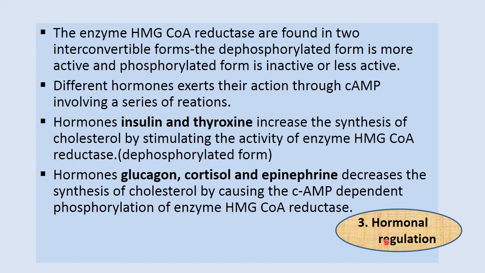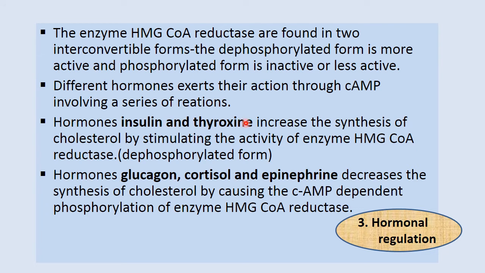Then the third is hormonal regulation. HMG coenzyme A reductase is found in two convertible forms, dephosphorylated and phosphorylated. The dephosphorylated form is active and the phosphorylated form is inactive. Different hormones convert ATP into cyclic AMP through a series of reactions.